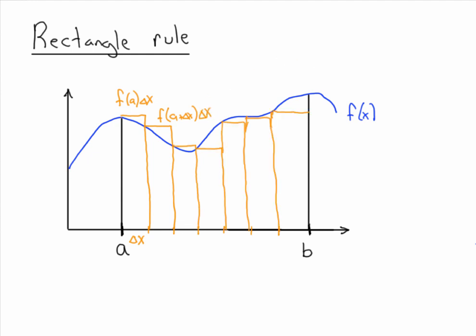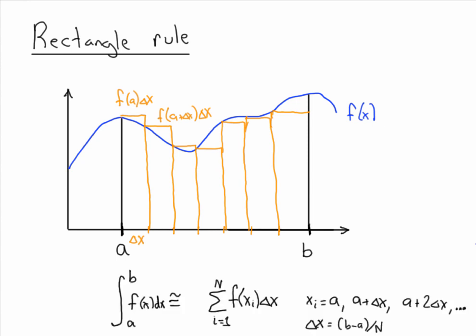And we do this over and over again for each one of these intervals with width delta x until we reach the point b on the x-axis. And at that point, we now have an estimate for the integral under f of x over the interval a to b. In other words, mathematically, the integral from a to b of f of x dx is approximately equal to the sum of f of x sub i delta x from i equals 1 to n.